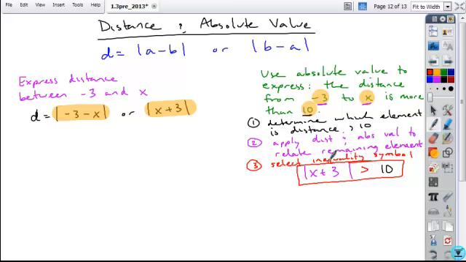Now a couple things here. When you enter absolute value expressions online, there is a vertical bar key that you can use on the keyboard. If you look right above the Enter key, on your keyboard you have the Enter key or Return, and the one right above it is backslash and probably what looks like a vertical bar with a break in between it.